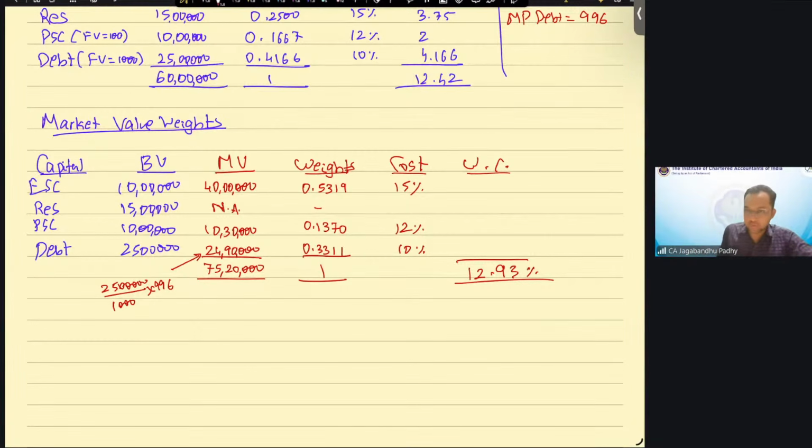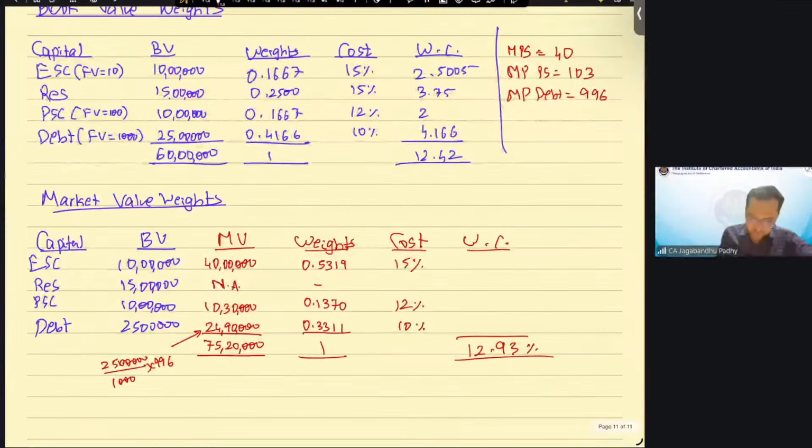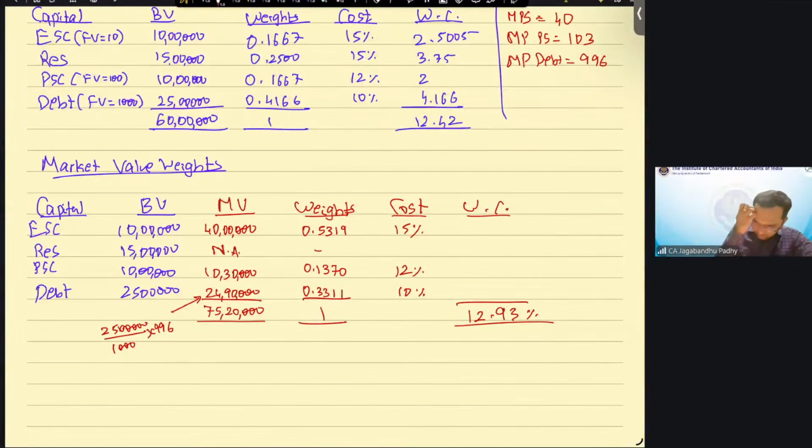Okay, fine. 12.93%. That's your market value weights. So that completes our discussion with regards to the cost of capital.